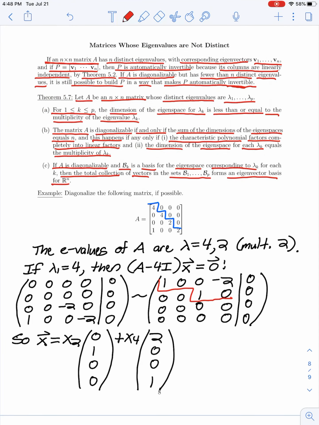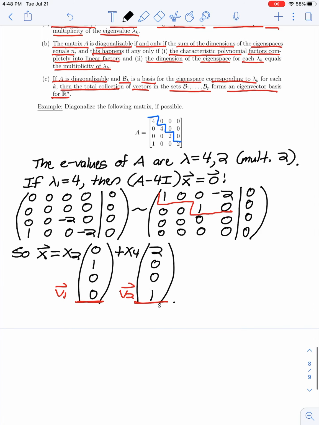So these two vectors, let's call them v1 and v2, are a basis for the eigenspace corresponding to lambda equals 4. They span the set of eigenvectors, and clearly they're linearly independent since they're not scalar multiples of one another.